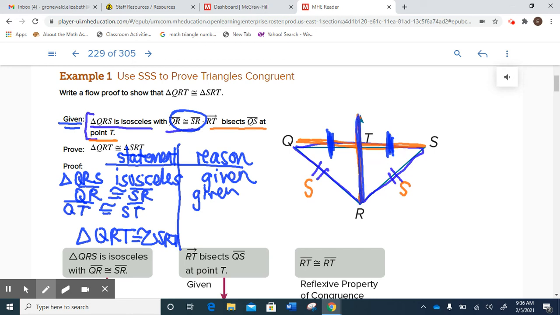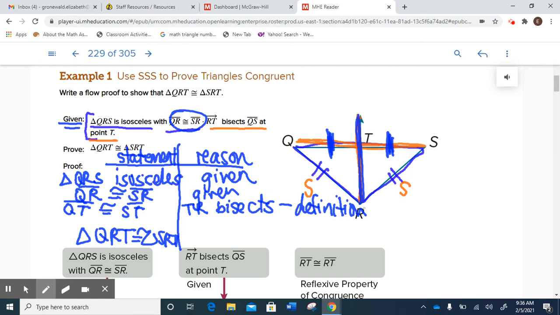And bisecting means it cuts in half. So the reason why we knew those two were the same is because TR bisects, and this is by the definition of bisect, because bisect means to cut in half. So that's why we knew those two were the same.